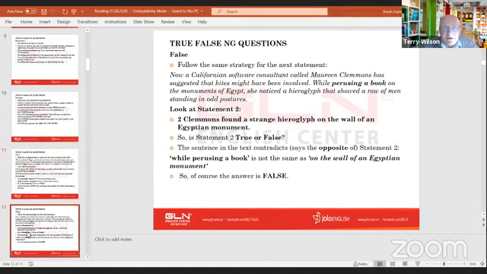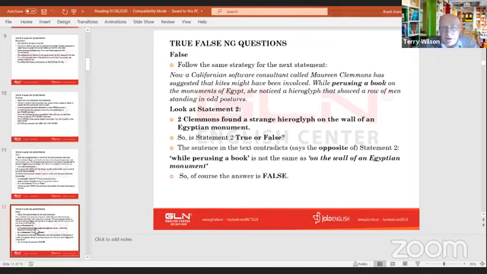Let's have a look at the opposite, so false. So follow the same strategy for the next question. So here's the paragraph. Now a Californian software consultant called Maureen Clemens has suggested that kites might have been involved.